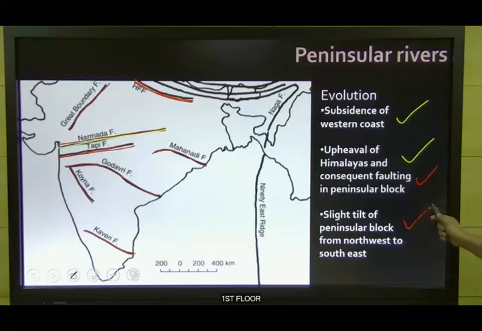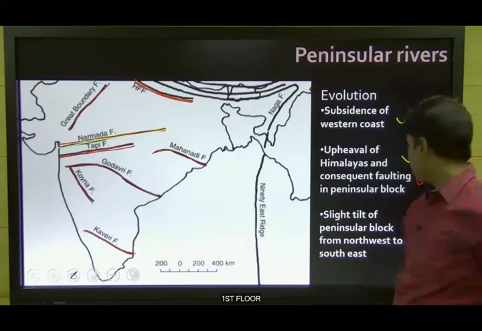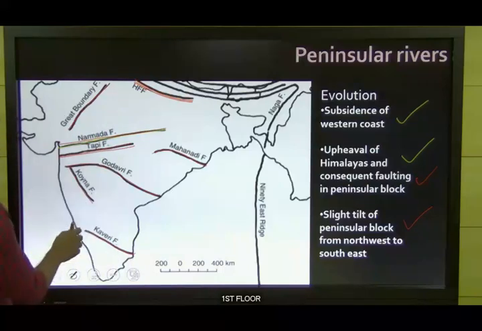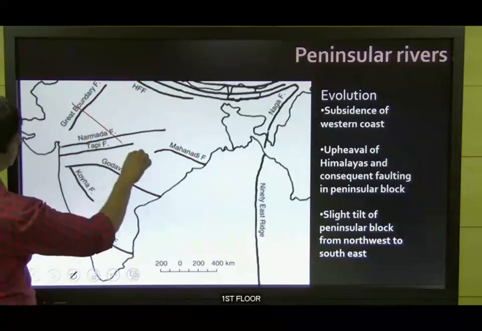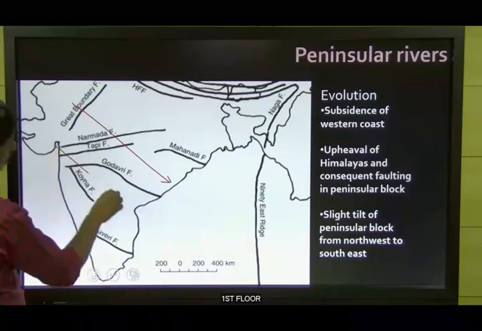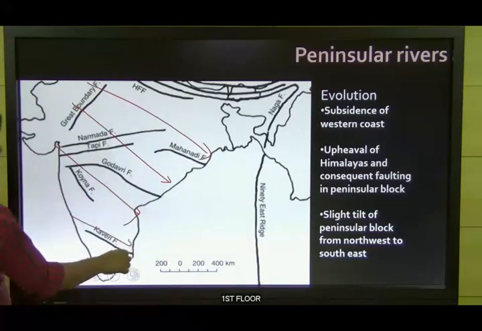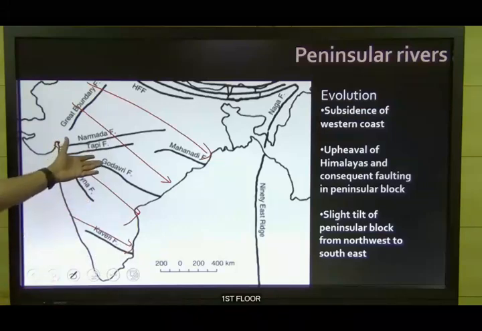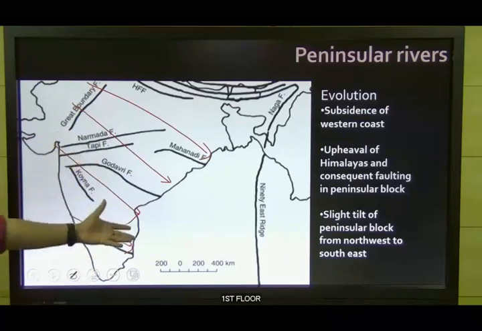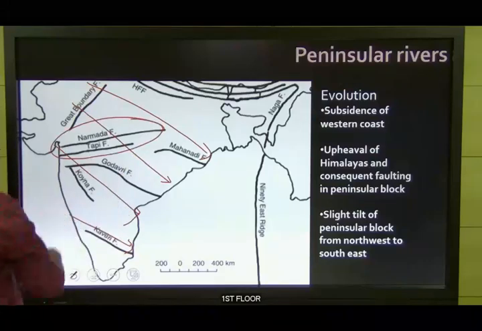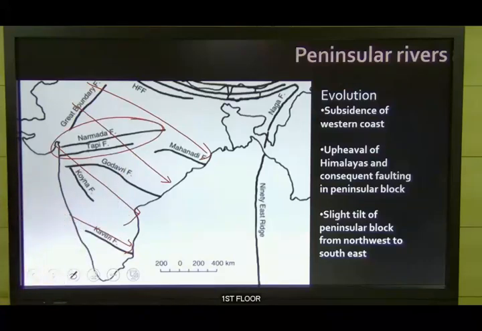There is a slight tilt of the peninsular block from northwest towards southeast. There is a tilt. The slope is like this, northwest to the southeast. You know that, okay? So the majority of the flow would be in the same direction. The exception would be Narmada and Tapi.